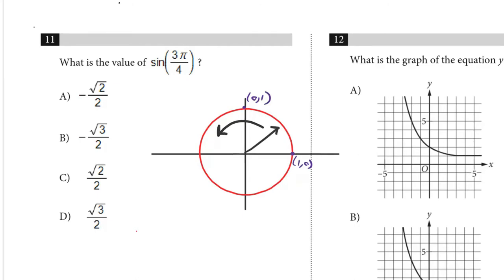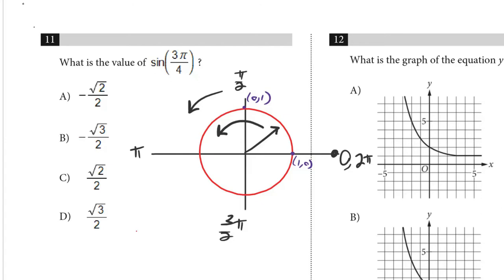At the beginning it's 0. If it were to hit over here, that's pi over 2, so half of pi. Going the rest of the way around, that's 1 full pi. Then we have 1.5 pi. And coming back around, we have 2 pi. So this point right here could be 0 or 2 pi.